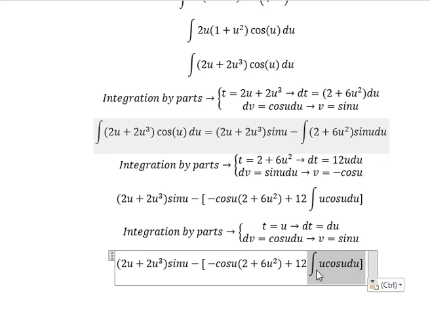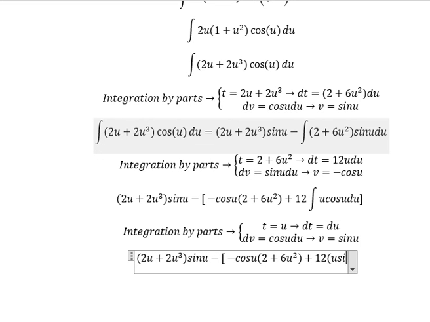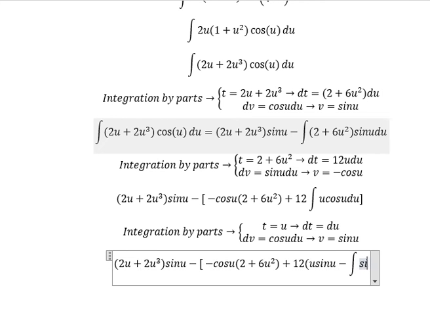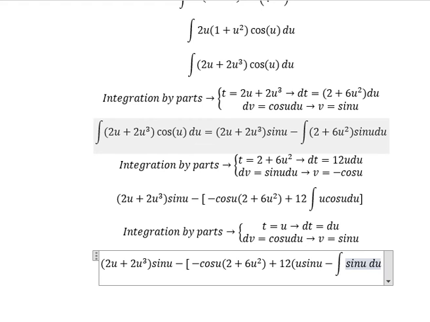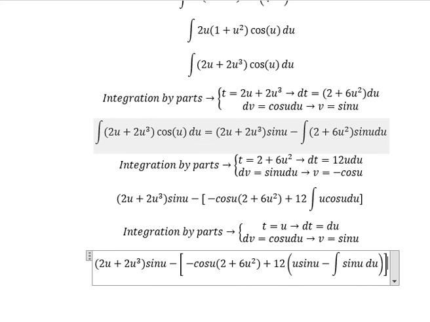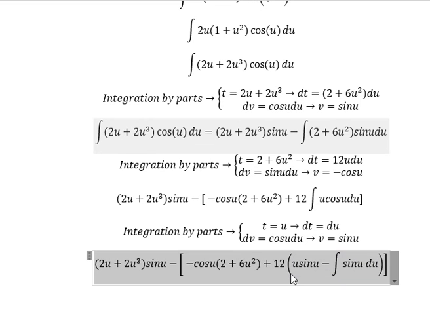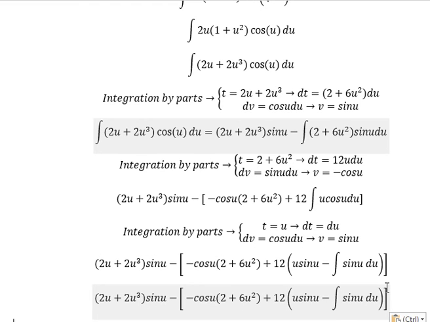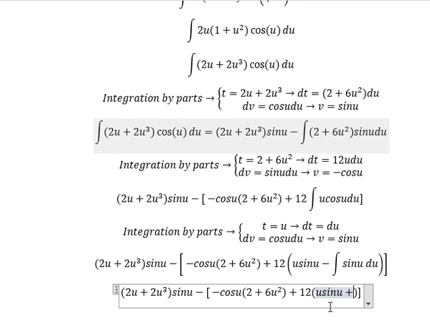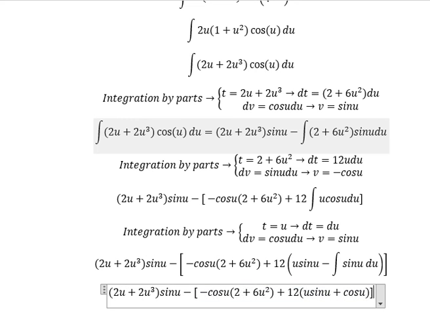So you got u sine u minus the integration sine u du. The integral of negative sine u, you will got positive cosine u, and we put c in here.